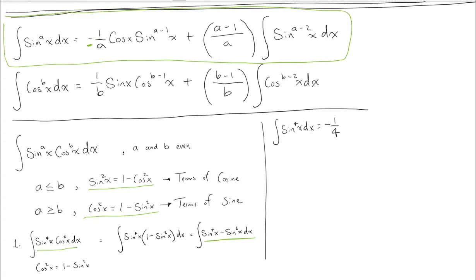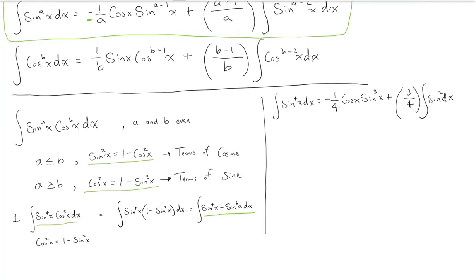That is equal to minus 1/4 cosine of x times sine to the 4 minus 1, which is 3, of x, plus 3 over 4, which is a minus 1 over a, times the integral of sine to the a minus 2, which is squared, of x dx.